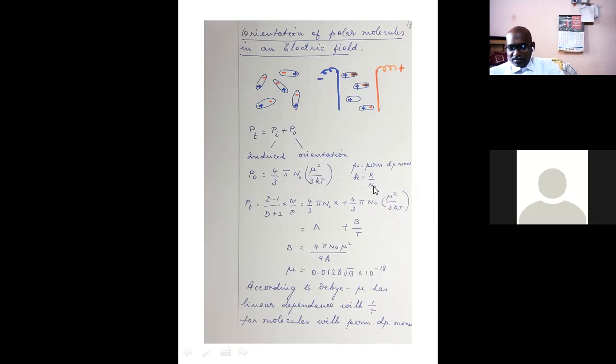R by N0 means R, the universal gas constant, divided by Avogadro number. What is the unit for the universal gas constant? It is Joule per Kelvin per mole. What is the unit for k? Joule per Kelvin per molecule. So once the universal gas constant is divided by Avogadro number, you are getting it per molecule. So that is the Boltzmann's constant. So that k is substituted here.